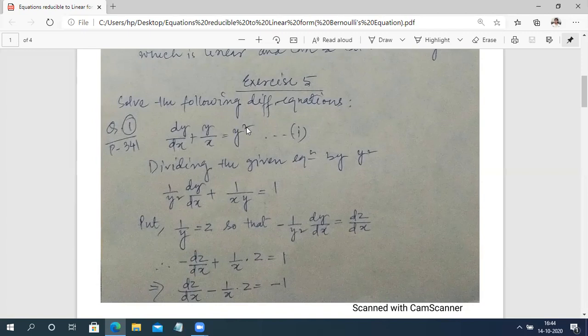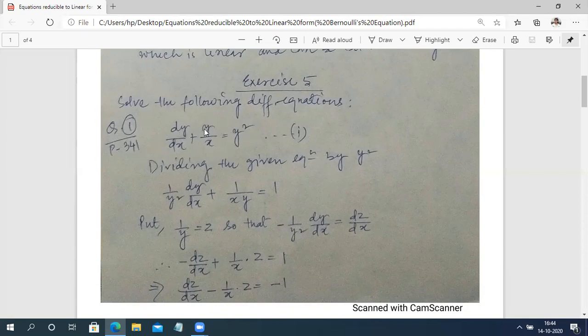So Q is not alone, Q is multiplied with y to the power n, or y². So this is your Bernoulli equation. You can reduce it into linear form by dividing the whole equation by y².